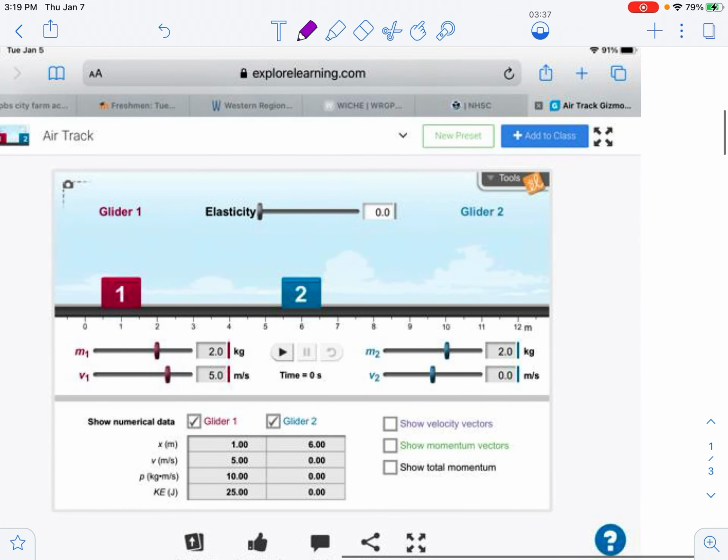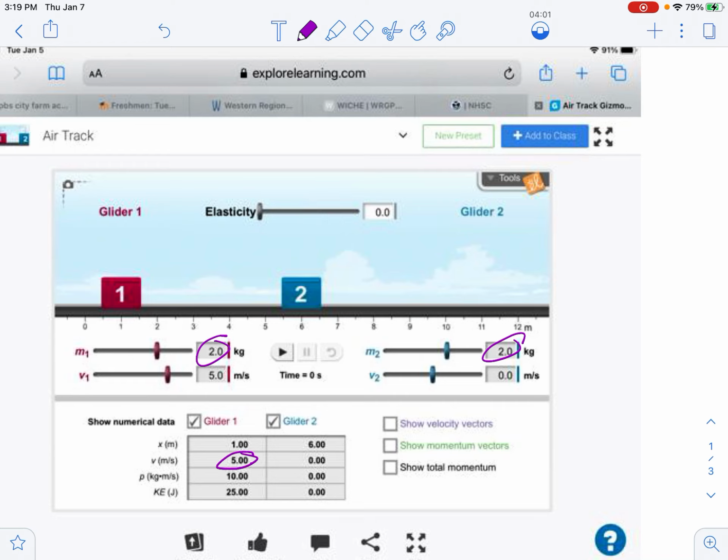Now, first of all, this should look pretty familiar. We worked with this little gizmo in class last time. And so the first thing we're going to do is define what's different about this setup than what we had in class last time. So in class, we worked with masses of 3 kilograms, but you can see here we have the mass of 4 kilograms. The velocity is the same. We're still looking at 5 meters per second.